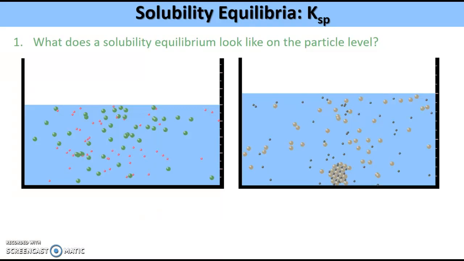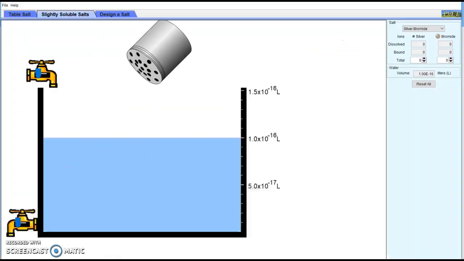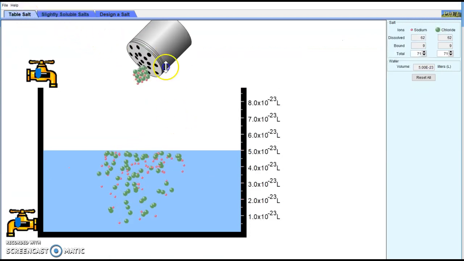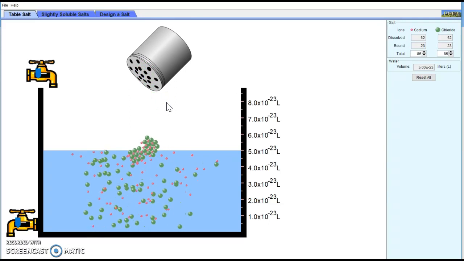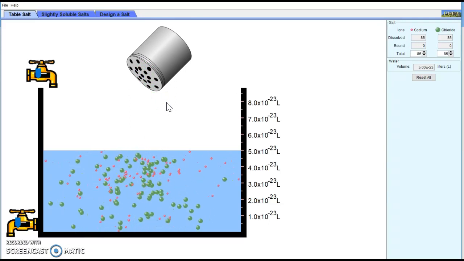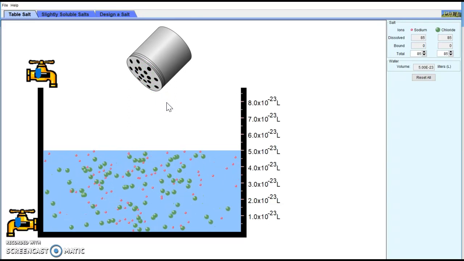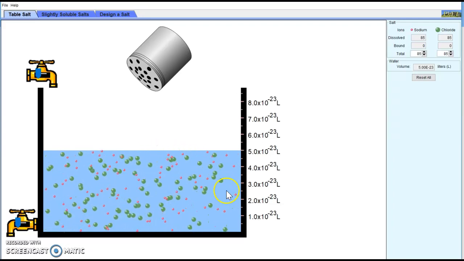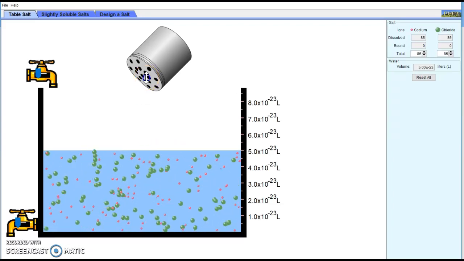What does solubility equilibrium look like on the particle level? In this diagram, I've got 2 screenshots from the PhET, salts and solubility. If you imagine I dissolve a bunch of table salt, sodium chloride, lots of it will dissolve. The particles split up into ions and they're solvated by the water like this.